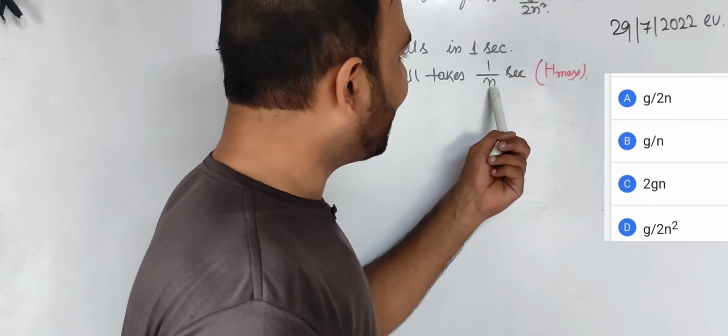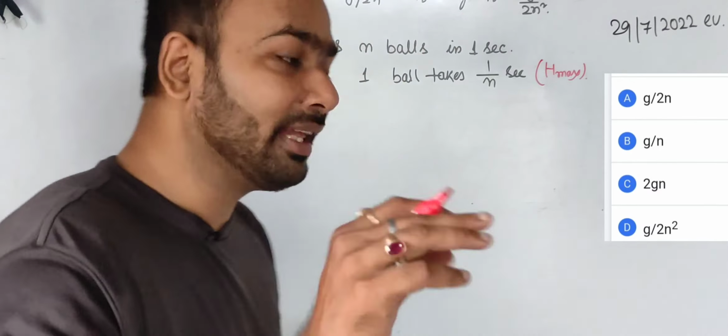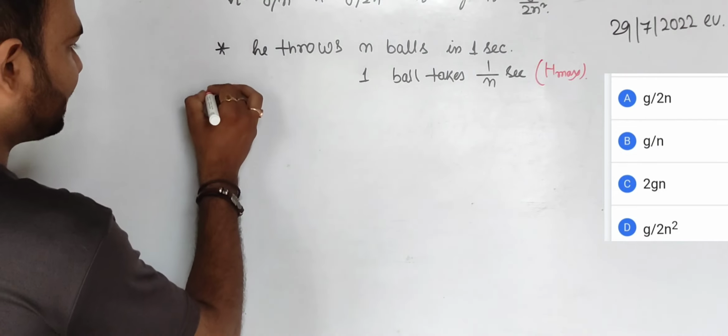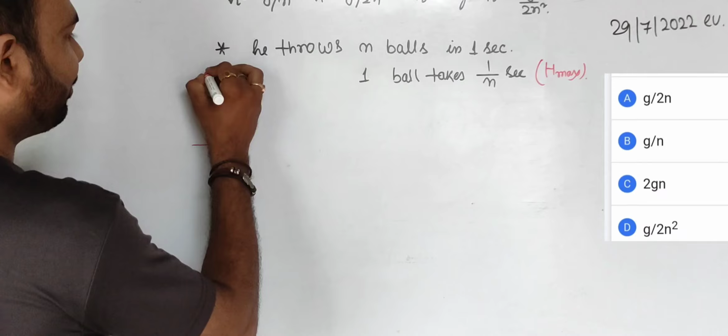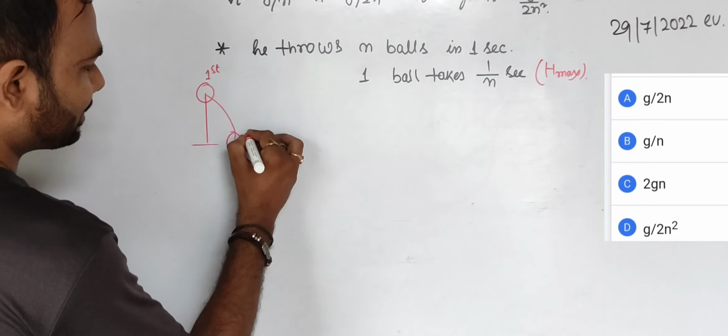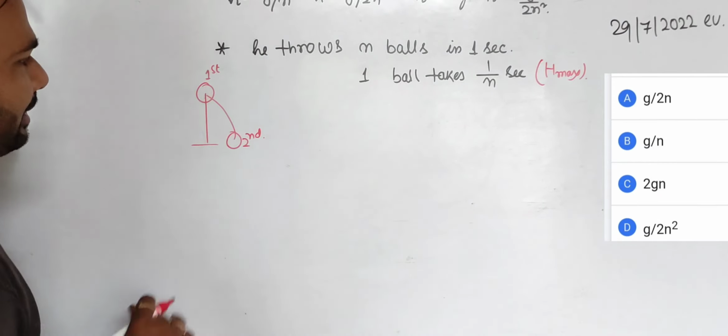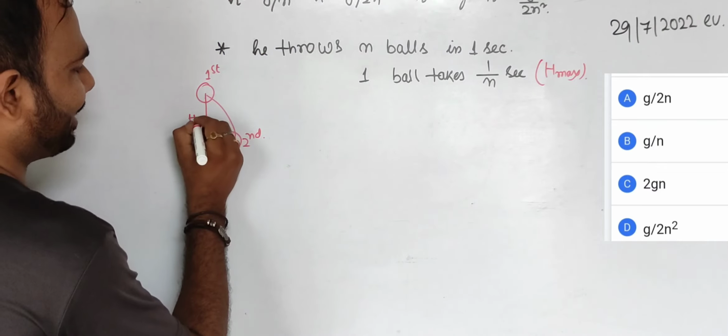After this time interval, he will throw the next ball with the same initial velocity. When the first ball reaches the maximum height, the juggler throws another ball, the second ball, with the same initial velocity. They have asked the height, h max.